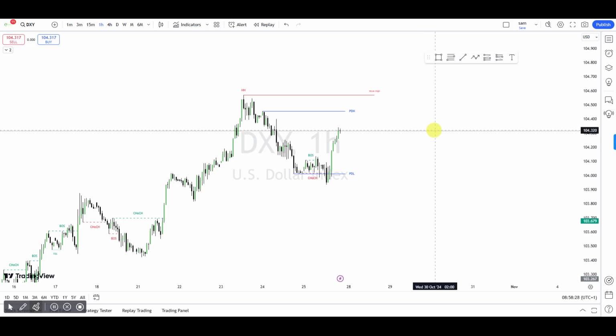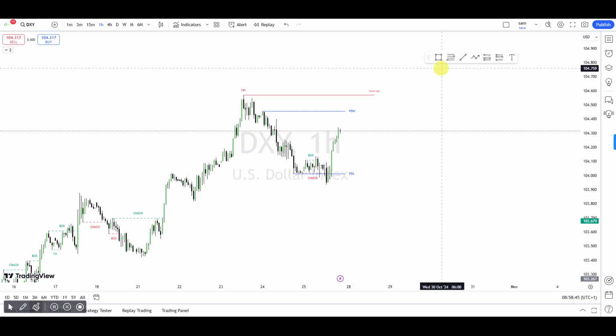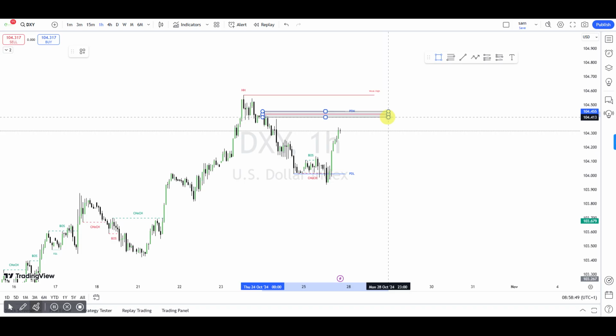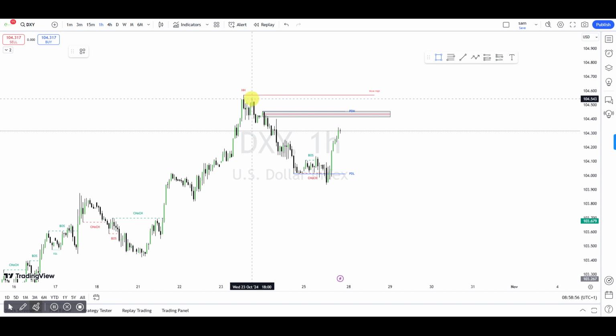And if you draw this all the way from here down to here, you notice that the market is still moving a bit as far as the equilibrium. I don't know what they are trying to respect. Maybe this other block, or the one above it.